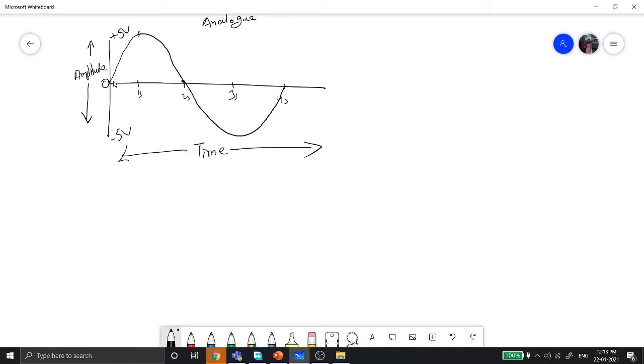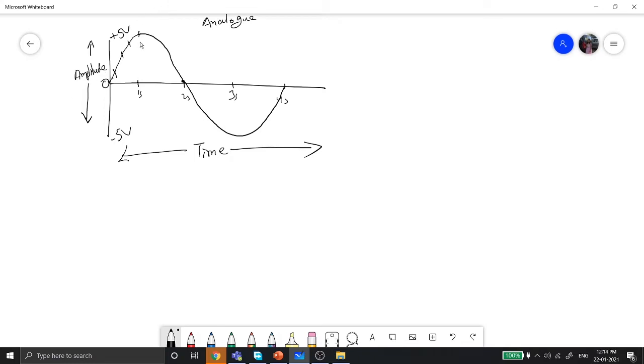It varies from 0 to 5 volt in 1 second. At half a second, the value will be like 2.5 volts. At a quarter of a second, it will be like 1.75 volts, and here it will be like 2.75 volts, and here it will be like 5 volts, something like that.